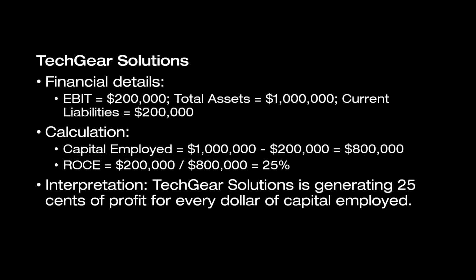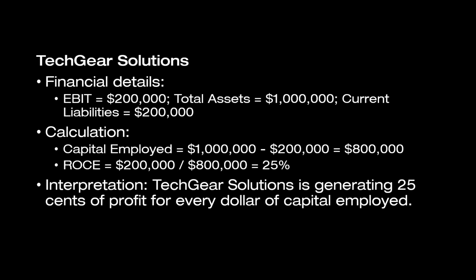Let's walk through a real-world example to understand how ROCE works. Imagine a company called TechGear Solutions. Here are some of the financial details. EBIT, that's earnings before interest and taxes, $200,000. Total assets, $1 million.